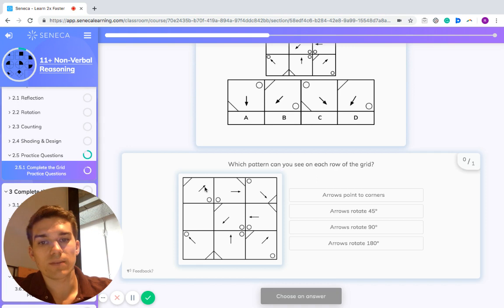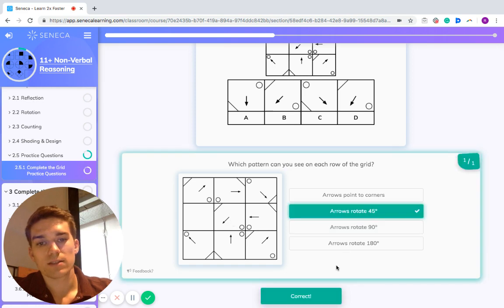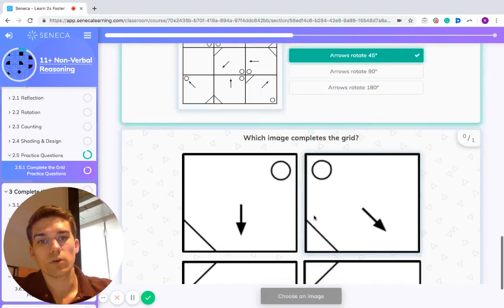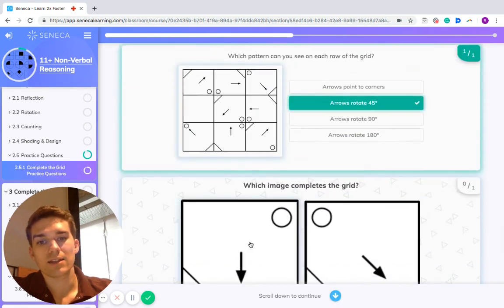Each time the arrow rotates 45 degrees as you go across, okay? So from here, it's going up this way, 45 degrees. So we're looking for something with an arrow facing down, basically. So let's see which ones have an arrow facing down. Well, only one of them does, and that is this one.